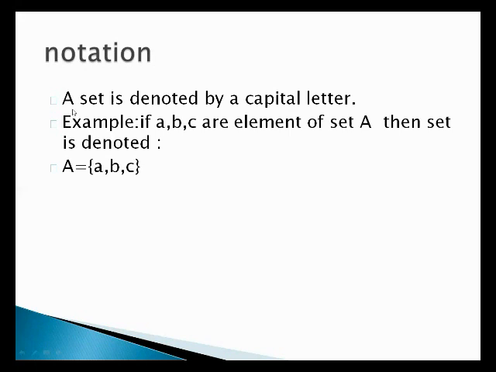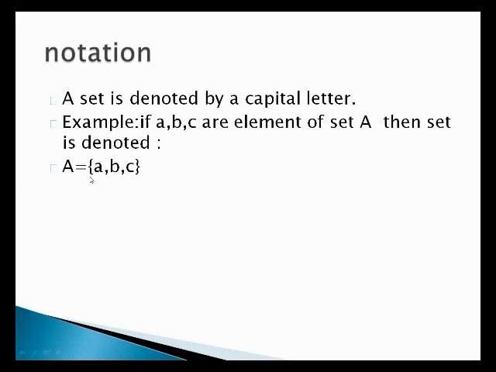Notation: a set is denoted by a capital letter. As you know, for showing a set we use a capital letter for naming or denoting the set. For example, if a, b, c are elements of set A, then set A is denoted as A = {a, b, c}.